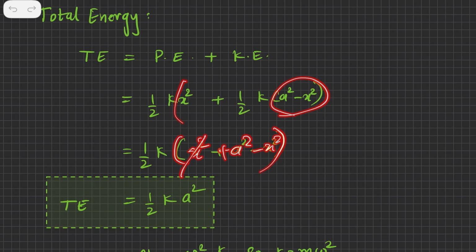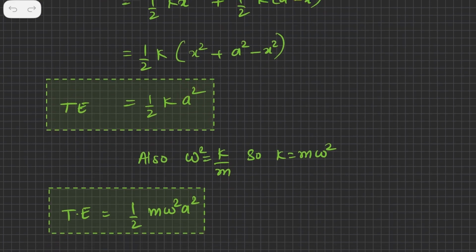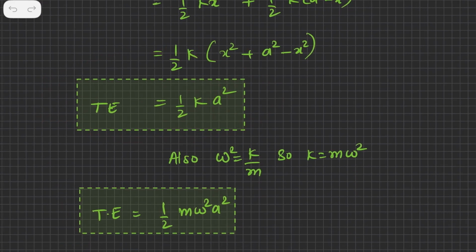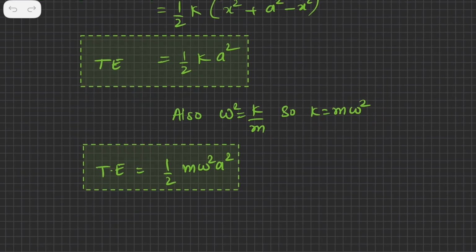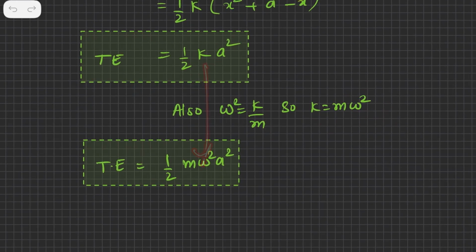Now plus x square and minus x square get cancelled and you get a square here. So the final equation for total energy is half of k a square, and again omega square is k by m, so I can write k as m omega square. So wherever there is a k I can write m omega square. So k is replaced by m omega square a square.